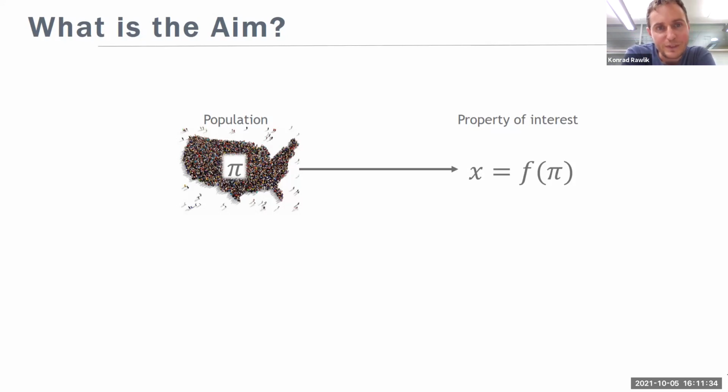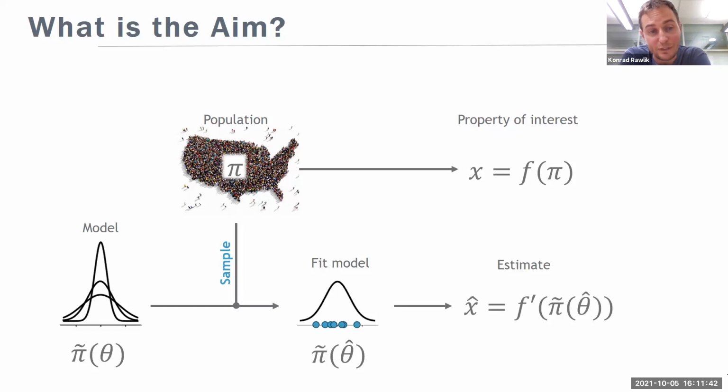But what we can do is take a set of individuals from the population in the real world as a sample, and propose some kind of model which has some parameters, and use that sample to fit that model to get a theta hat, which are the fitted parameters, and then use this fitted model to get X hat, which is an estimate of the property of interest.